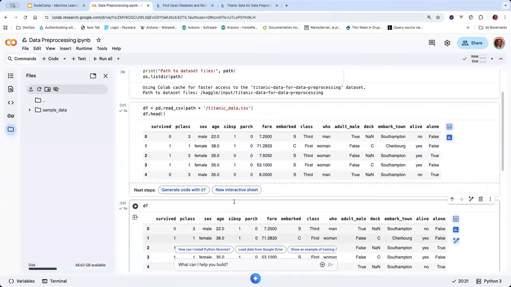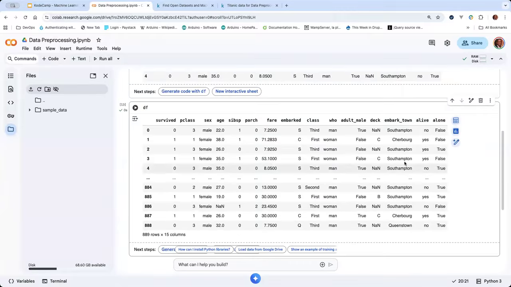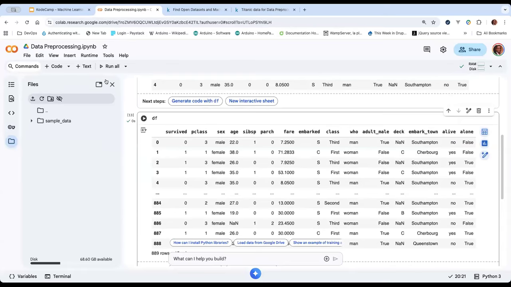Let me just do df, right? It's not giving us the whole data frame anyway, but it's giving us the head and the tail, and then dots in between.